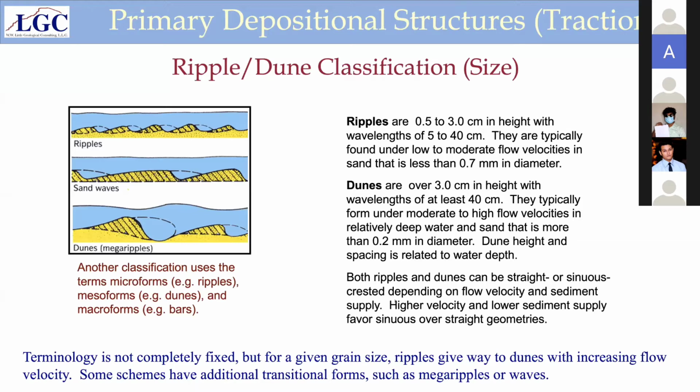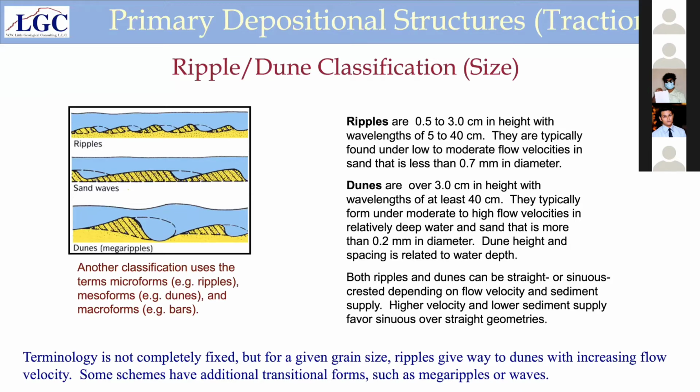As the flow velocity increases, if there is a significant enough sediment supply, those ripples will grow into larger features, which might be called sand waves, and then dunes. But even that terminology is not used uniformly. I remember back in the 80s and the 90s, a lot of people were trying to change it to microforms, mesoforms, and macroforms, and there have been a variety of attempts to do the classification.